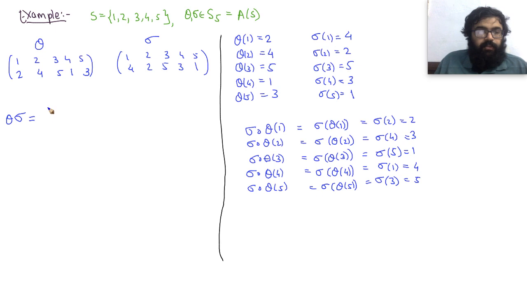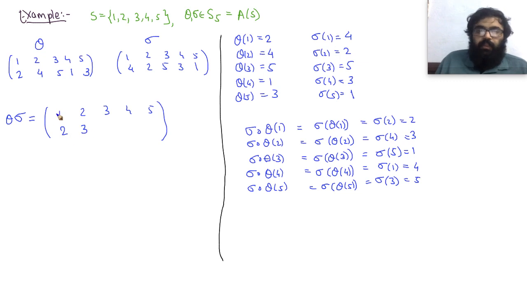So finally theta sigma will be 1, 2, 3, 4, 5. 1 goes to 2, 2 goes to 2, so 1 goes to 2. Theta sends 2 to 4, and then sigma of 4 is 3. So 2 goes to 4, 4 goes to 3, so 2 goes to 3, right?